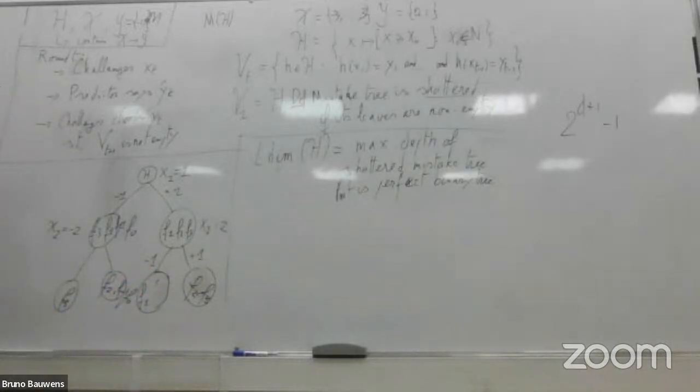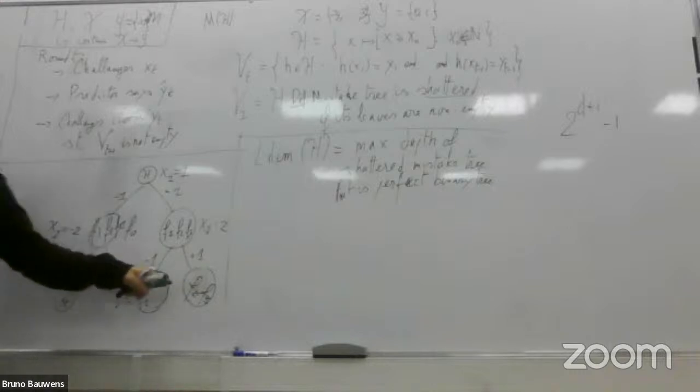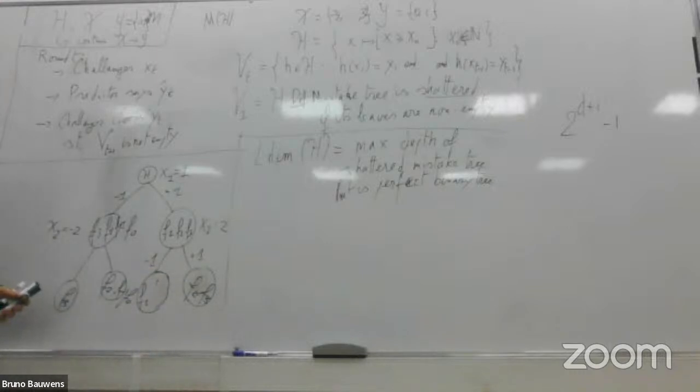Okay. So the mistake tree gives us a strategy for challenger, and the number of mistakes that it can enforce is the minimal depth of a leaf. And so if we have a perfect binary tree of depth d, it means that challenger can enforce d mistakes.